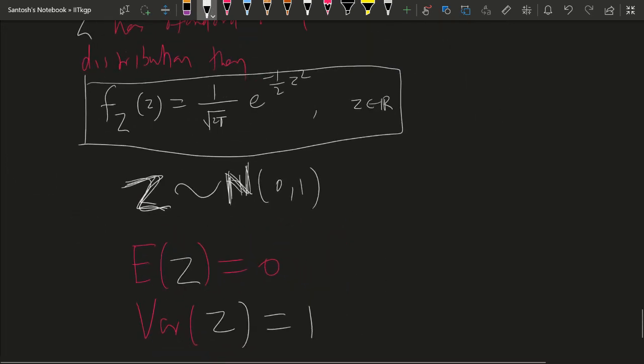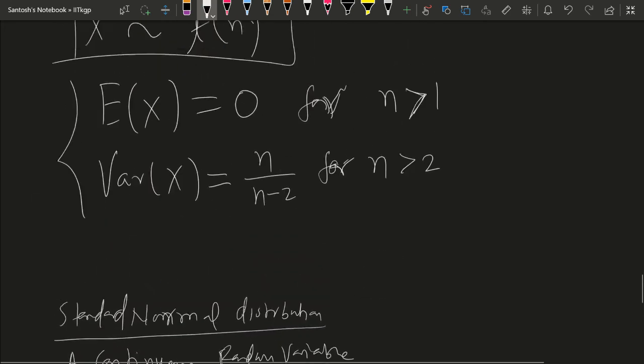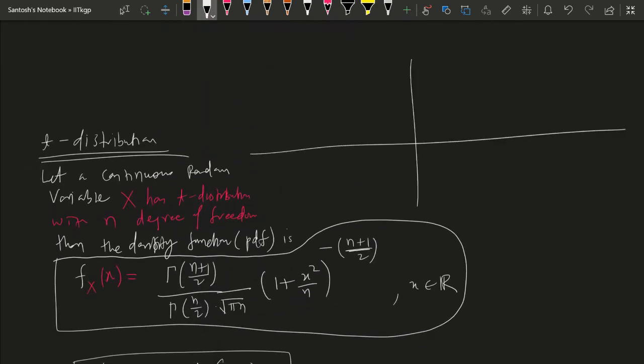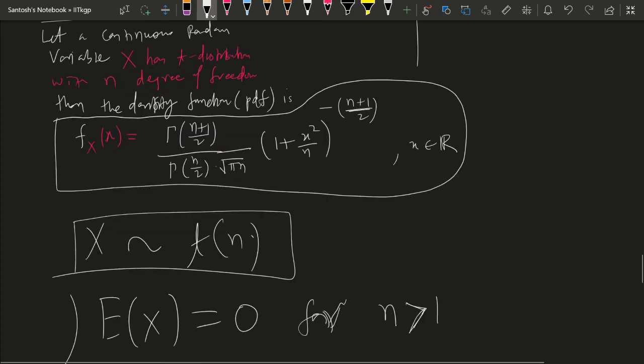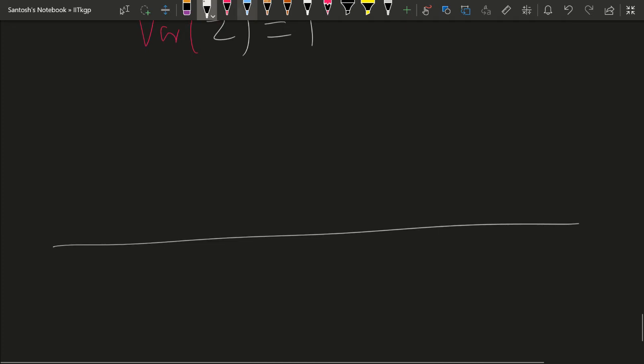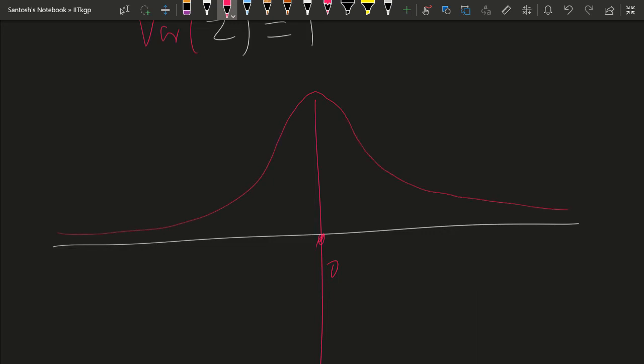Oh, this I have not told you: what will the t distribution look like? I will come to t, but now it's the standard normal. The standard normal looks like this. This is the origin, and it is symmetric about the origin, like this.